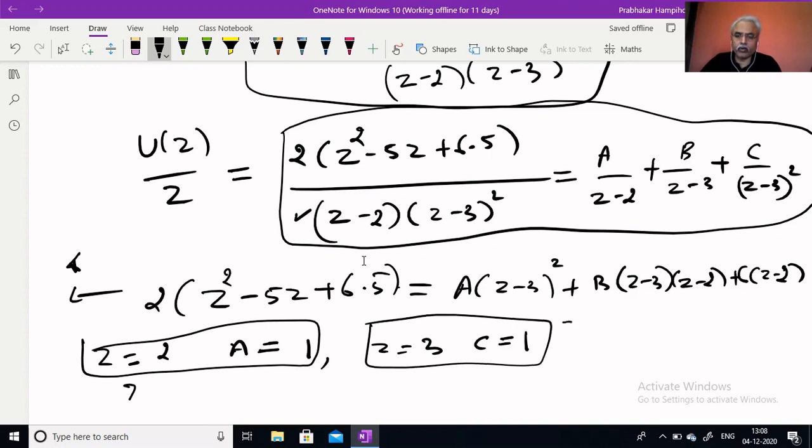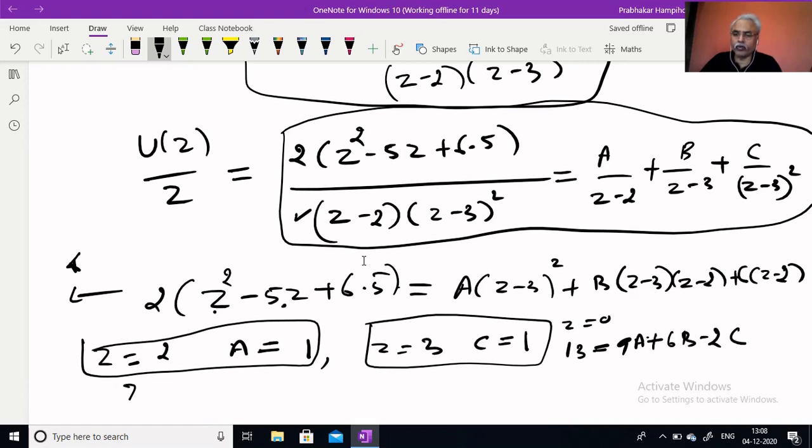Taking z equal to 0, you can create equations. You will get 13: z equal to 0 means this part 0, this part 0, 2 into 6.5 is 13. Very easily you can see 13 equals 9A plus 6B minus 2C.